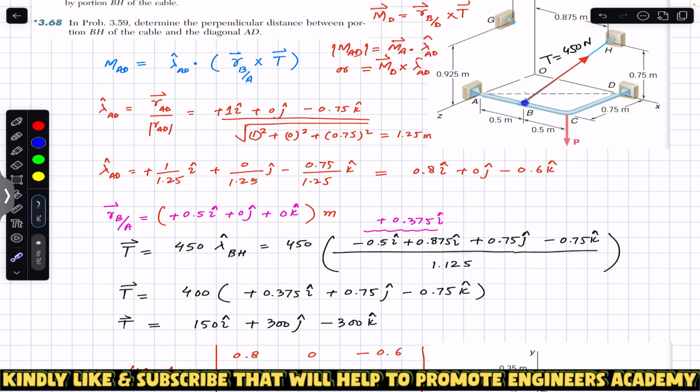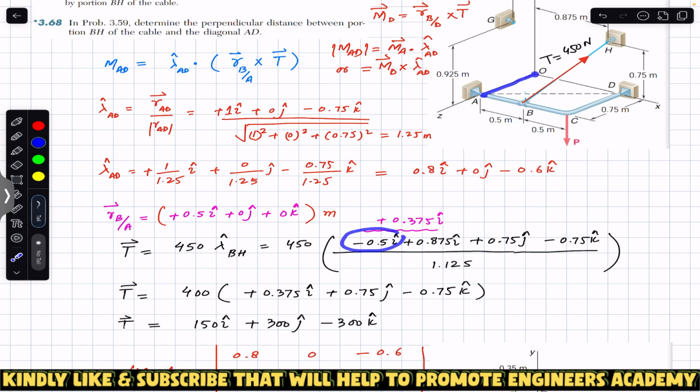In order to find the position vector from B to H, again we will start from B and try to reach that point H while traveling along the X, Y, and Z axis respectively. So from B we need to travel 0.5 meters in the negative X, so minus 0.5 in the negative I. We will reach here.